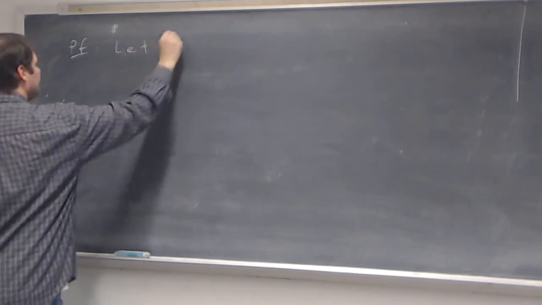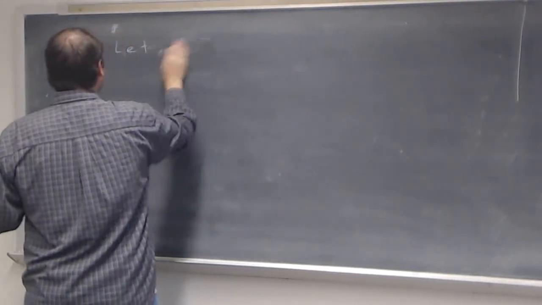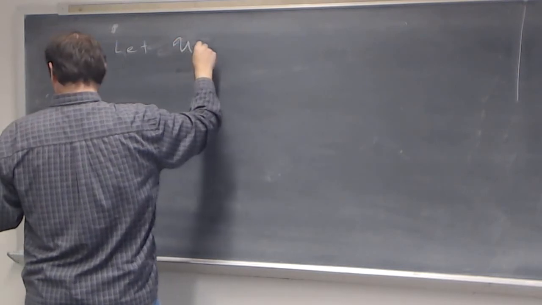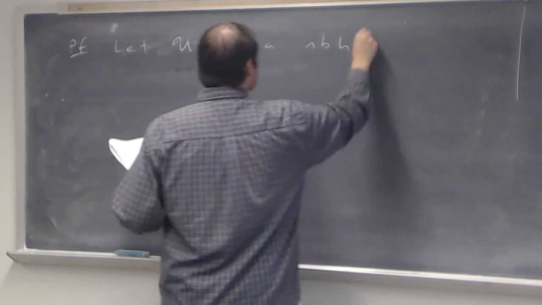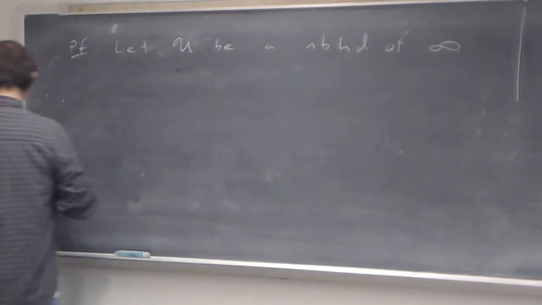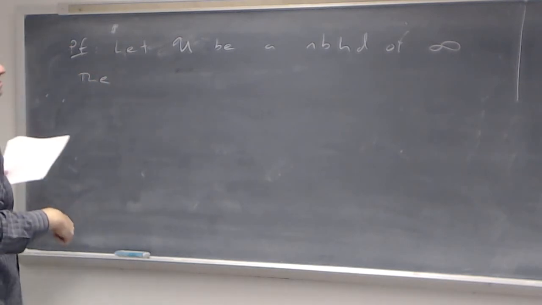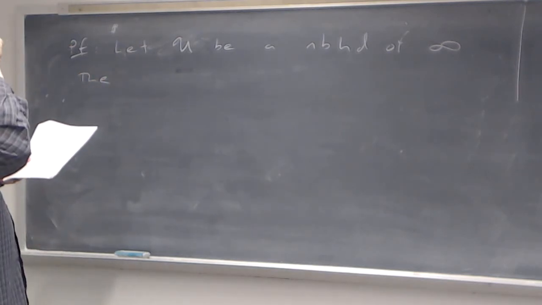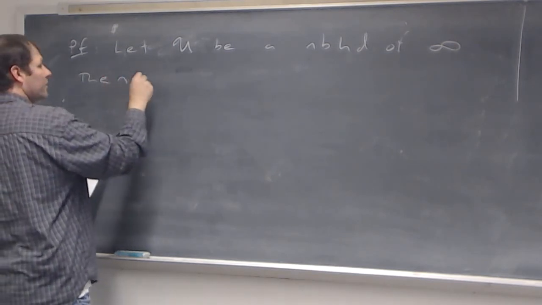So here we let f of t, we let u be a neighborhood of infinity. What we've got to do is create this v, this neighborhood of 0. Okay. So first of all, what about u?